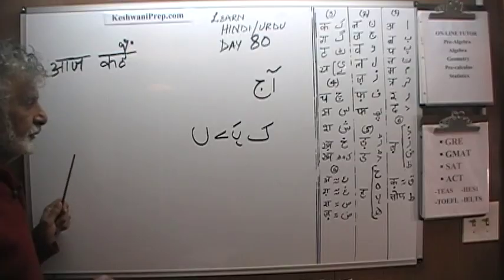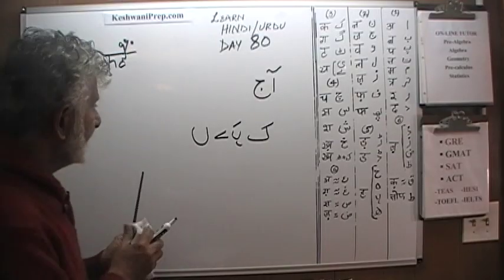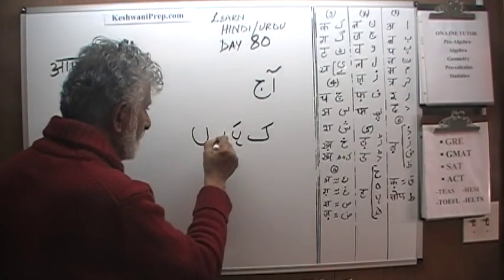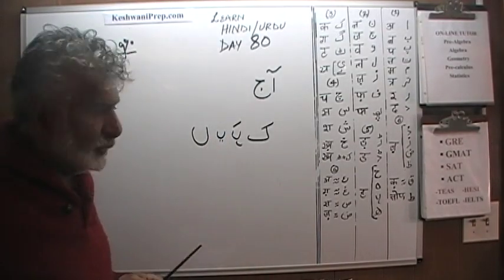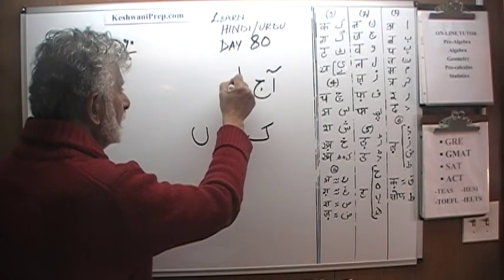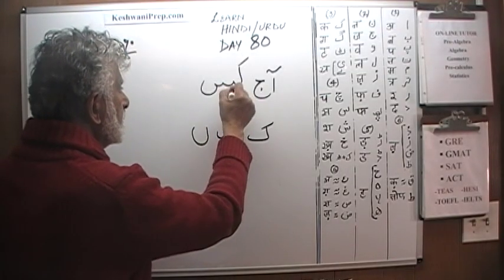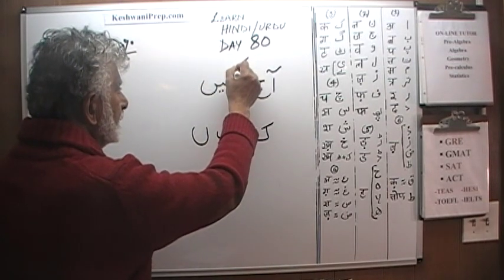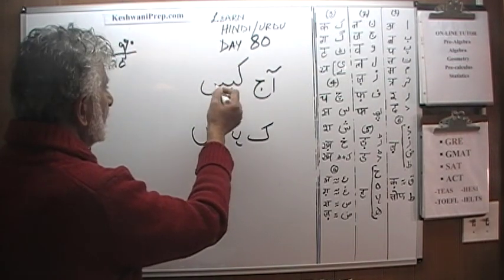Let's join them together. So first thing that is going to happen is that this badi ye is going to take this shape. As we already know, we have done it many times. Now we just join them. Ka, he. That's a ka, and the he, kahe.